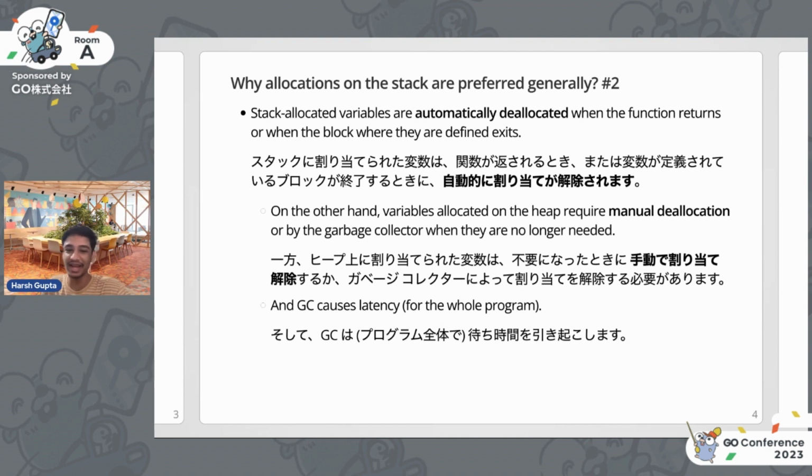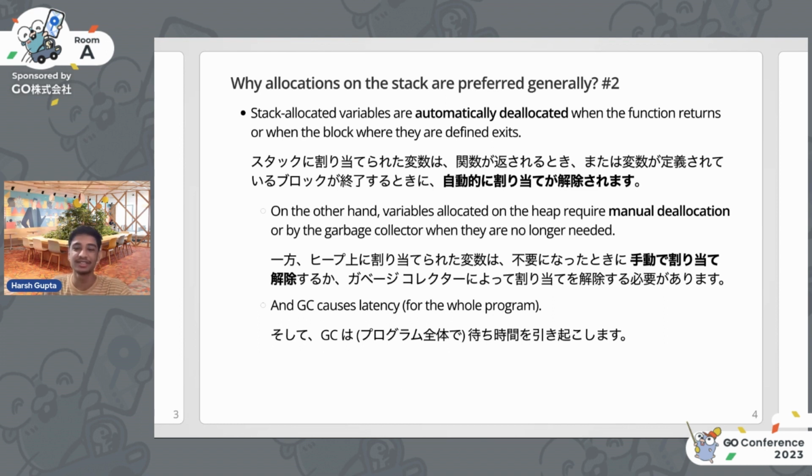But on the other hand, the case is different for the heap. Whenever you do any allocation on the heap, it requires deallocation. If you remember, when we wrote programs in C, there were malloc and free. We had to use malloc to allocate, and then free that memory ourselves. Or if you don't want to do manual deallocation, you can use a language which has a garbage collector, which does the job for you.